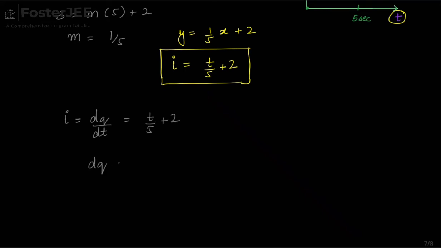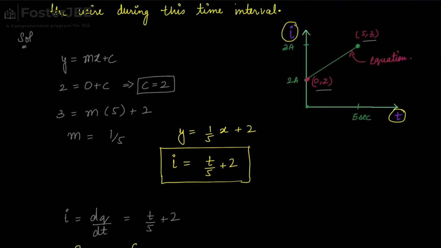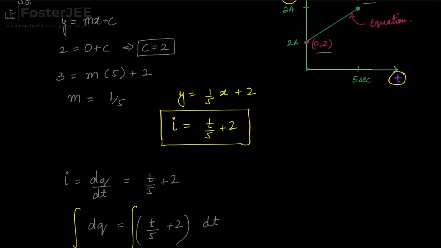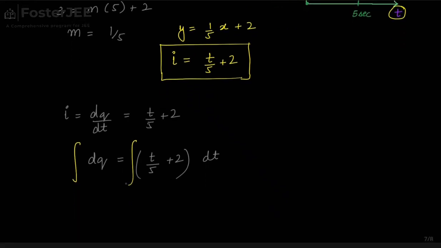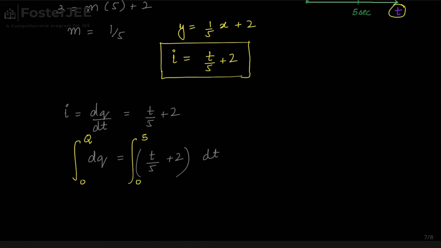If we want to calculate the total charge, then let's take dt on that side, and dq becomes t upon 5 plus 2 into dt. For getting the total charge accumulated, at t equal to 0, there was no charge accumulated initially, and at time t equals to 5 seconds, the total charge q is to be evaluated.